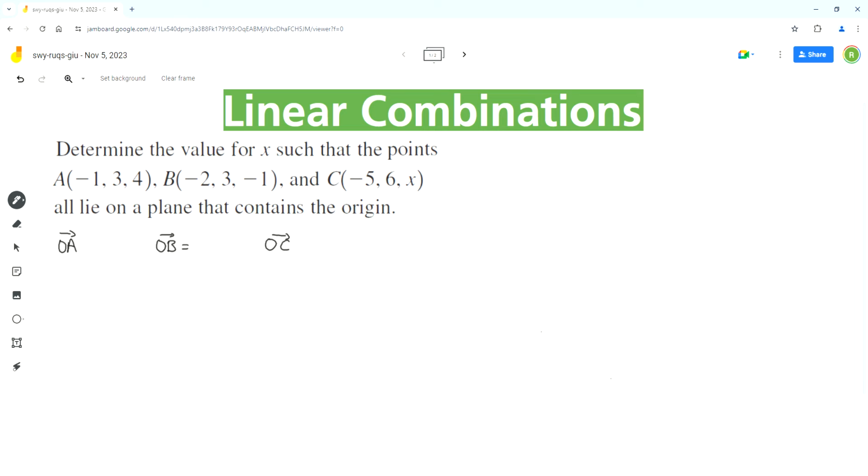And vector OA will be equal to the given point A, because vector OA represents the position vector for point A. And vector OB is equal to the given point B. And vector OC is equal to the given point C.